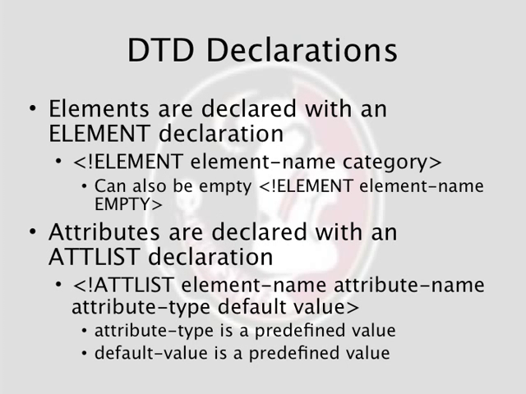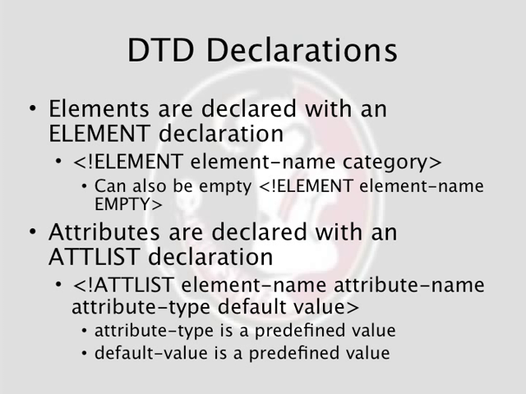So here's a declaration. Elements are declared with an element declaration. It's just exclamation point ELEMENT, and then here's your first element. It can also be empty. So for an empty element, we just have EMPTY here instead.